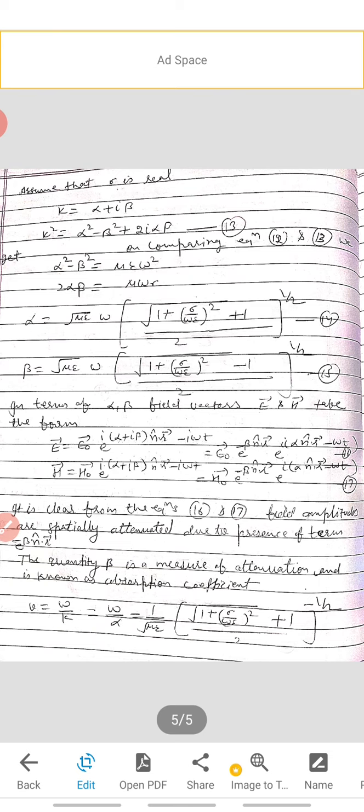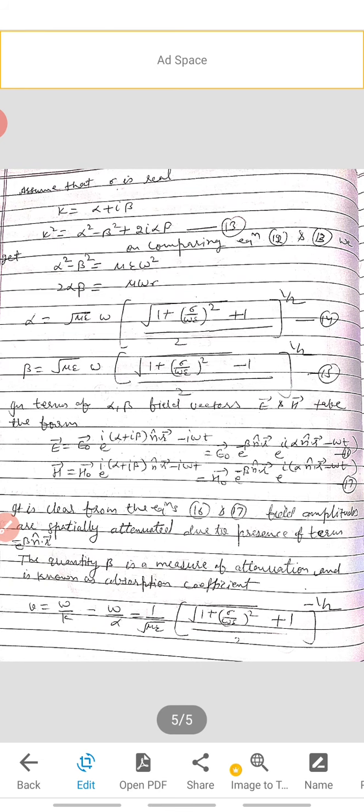Now, if we assume that sigma is real, then k is equal to alpha plus iota beta, and if we square k we get k square is equal to alpha square minus beta square plus twice iota alpha beta.